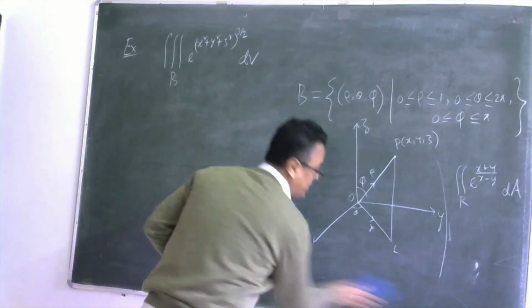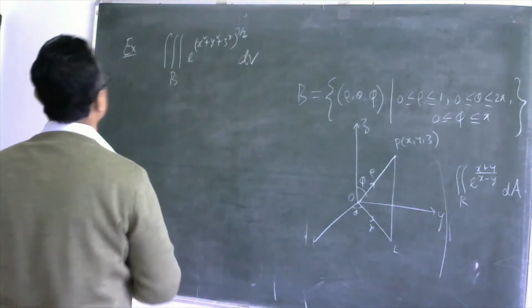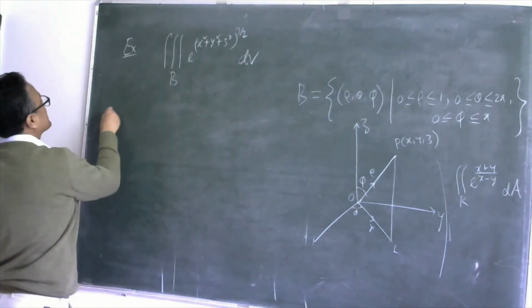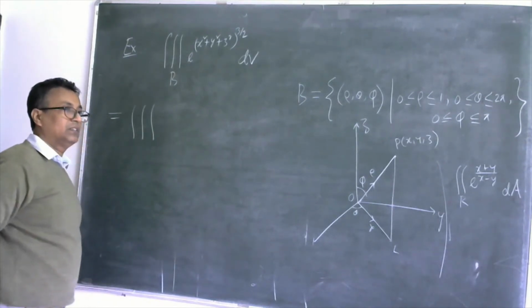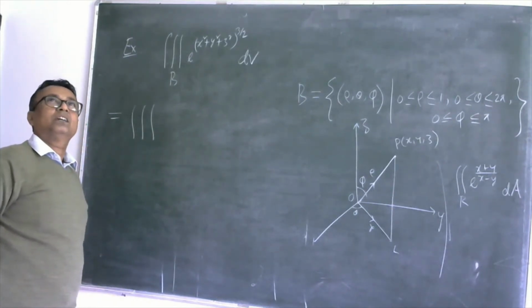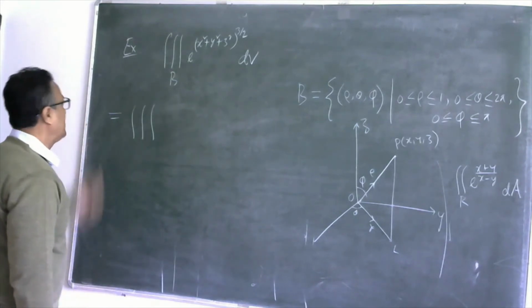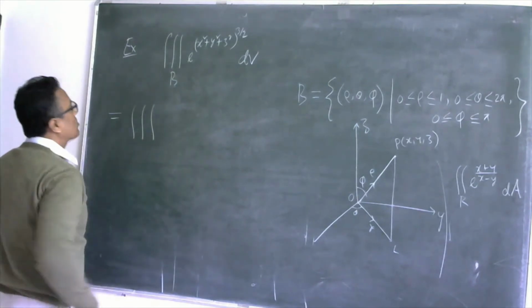Now if I want to work out this example using the change of variables approach, you can easily see what this is going to become in rho theta phi space.